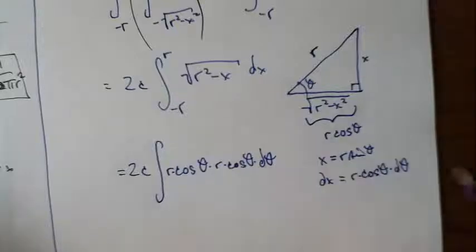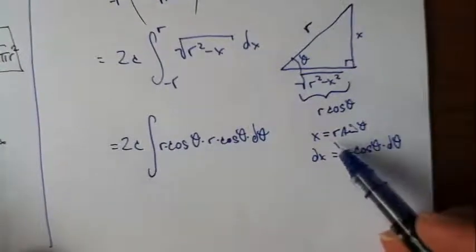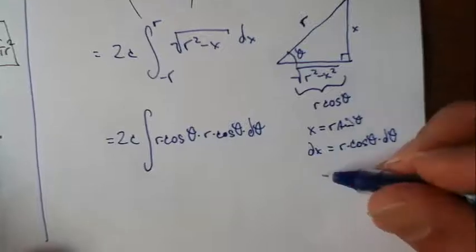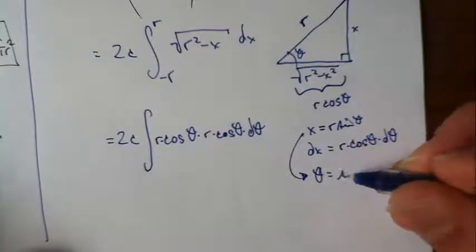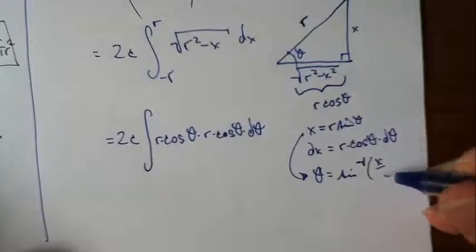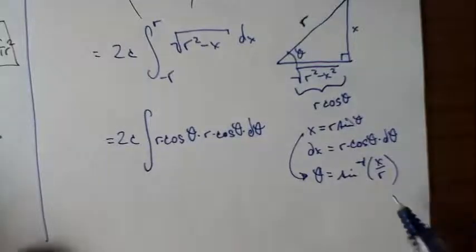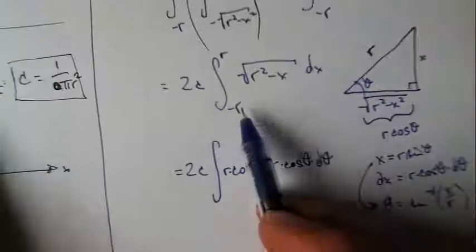And then what are my limits of integration? Well, let's see. So x equals r sine theta. So that means theta is sine inverse of x over r, isn't it? Now, so x was going from negative r to r, right?